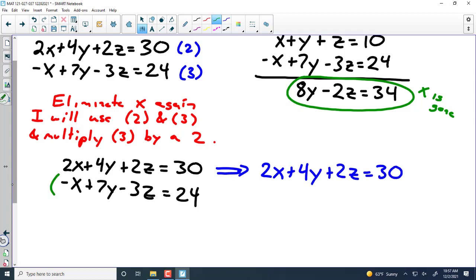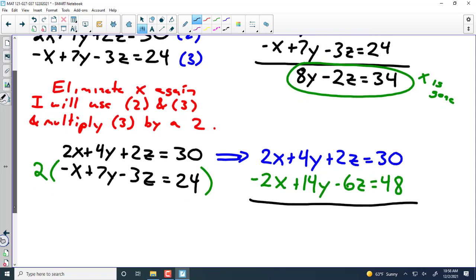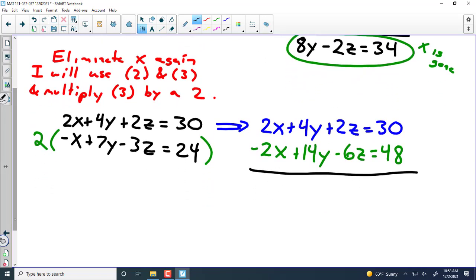But the second equation, I'm going to multiply every single term in it by a 2, which will be negative 2x plus 14y minus 6z equals 48. I'm showing an excessive amount of work on this first one so you can follow it later. Add them together, and not only do we need to make sure a variable goes away, we need to make sure it's the same variable that we got rid of the first time.